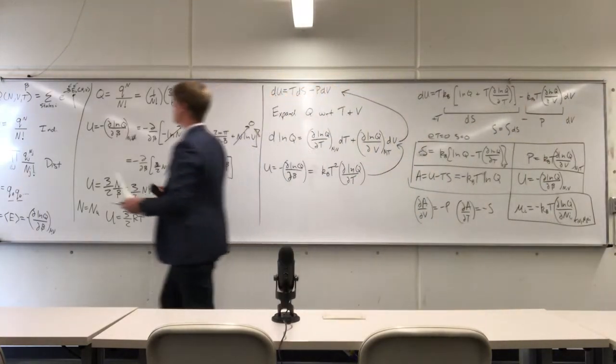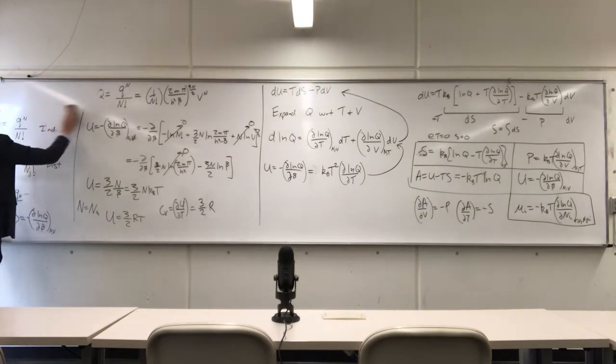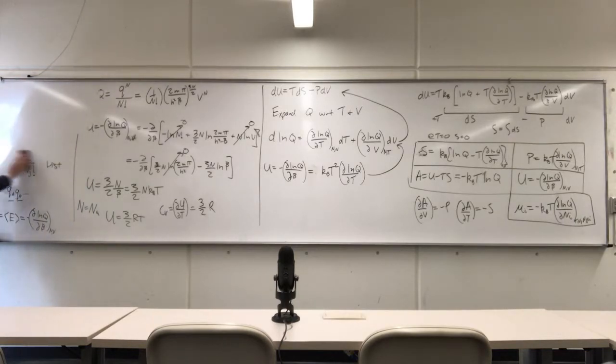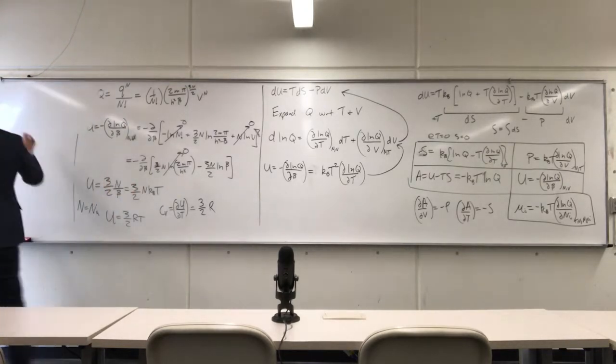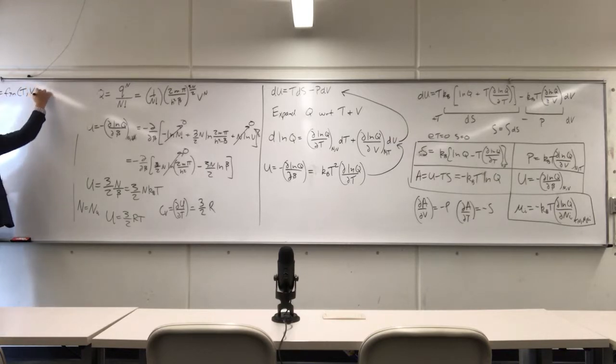What outcome should we be expecting? For a collection of non-interacting particles, how should we expect the pressure to vary as a function of temperature, volume, and number of particles?